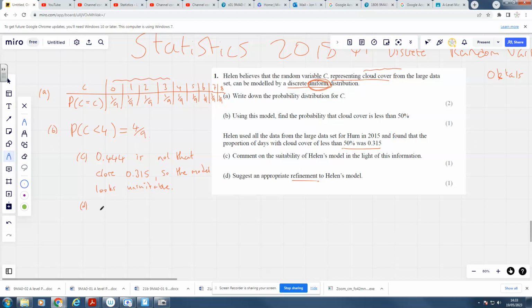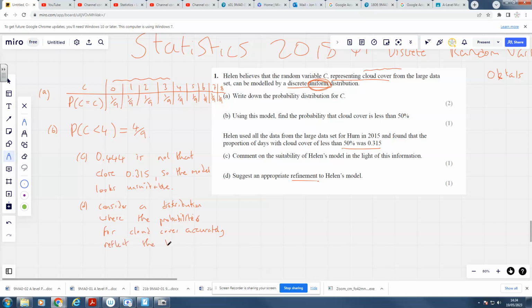I'm going to say consider a distribution where the probabilities for cloud cover accurately reflect the likelihood of that occurring.